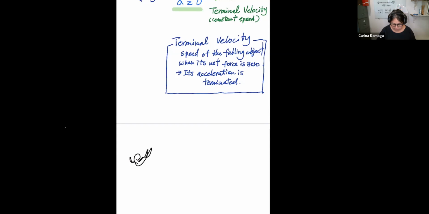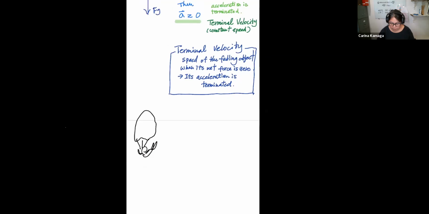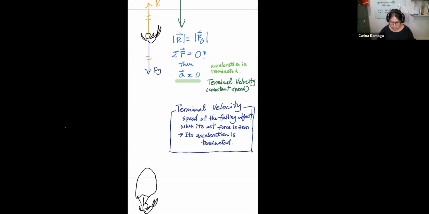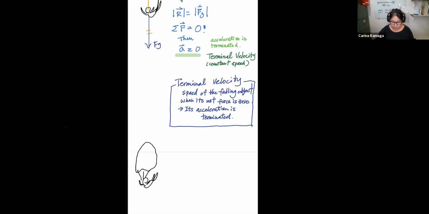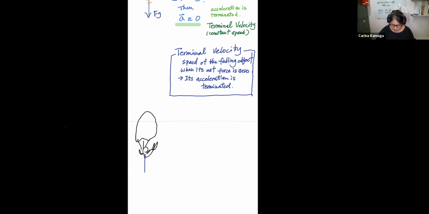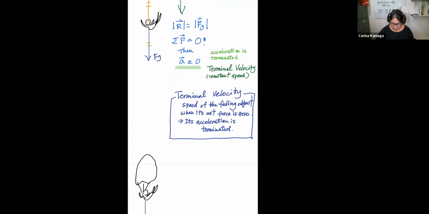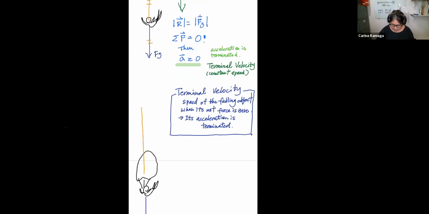By opening up a parachute, you're going to increase the air resistance. So now you can have an air resistance that's larger than the gravitational force. The gravitational force still stays the same, but by opening up a parachute, you can have an air resistance upward that is larger than the gravitational force.